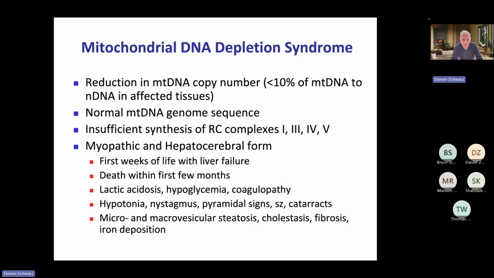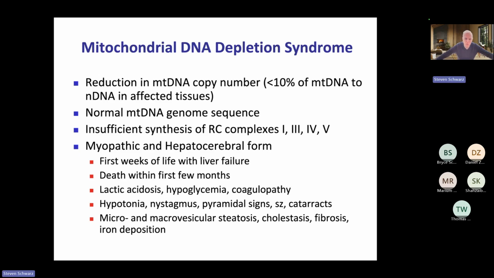There's just not enough of it, which leads to an insufficient synthesis of the major respiratory chain complexes. Remember, respiratory chain complex number 2 is all nuclear, so it would not be expected to be deficient in the depletion syndrome. And then it can be myopathic or hepatocerebral with a variety of clinical symptoms.